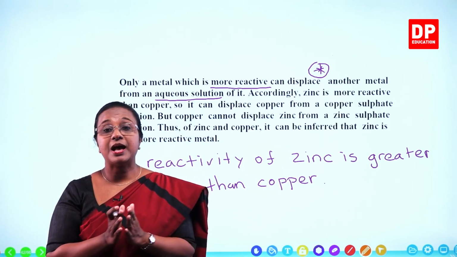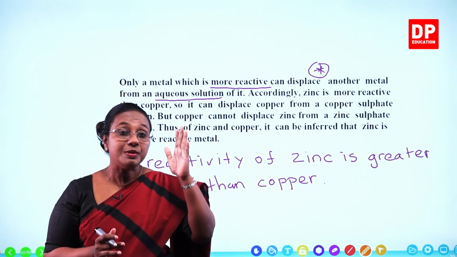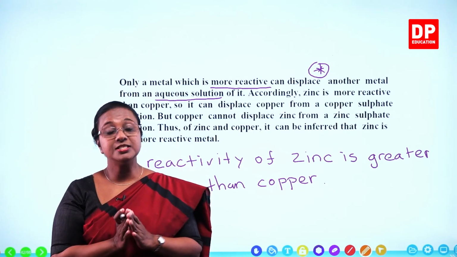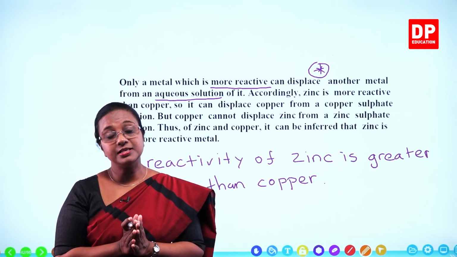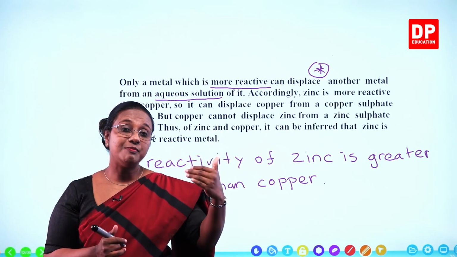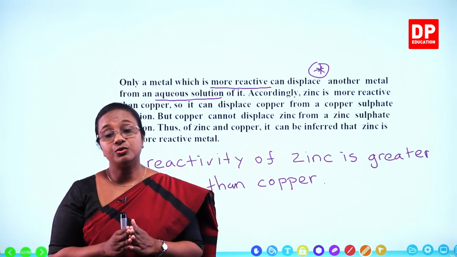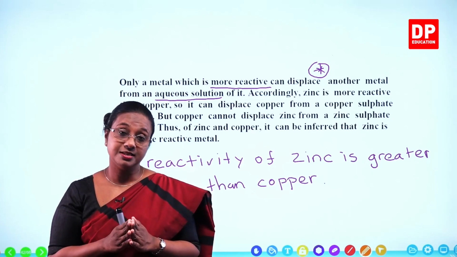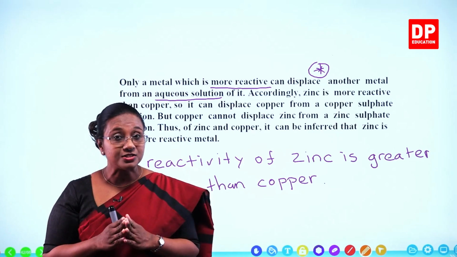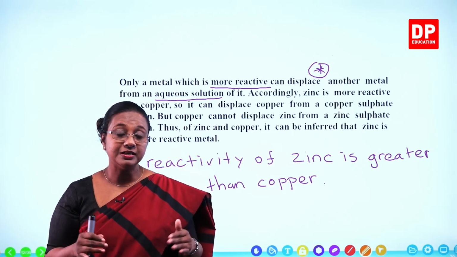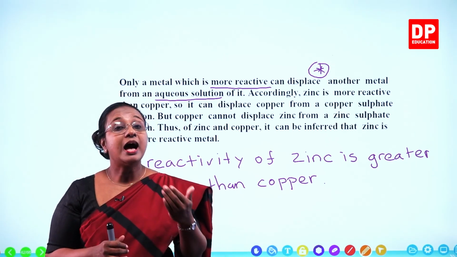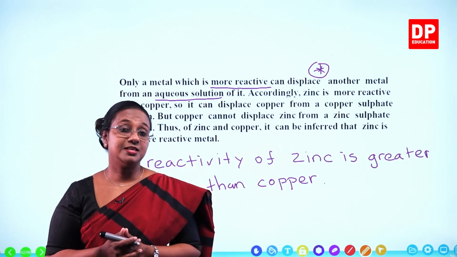Based on all these observations and other properties, these metals have been arranged into a series that is known as the activity series. So with that students, I will end this chapter, and in the next chapter, I will discuss the activity series with you.